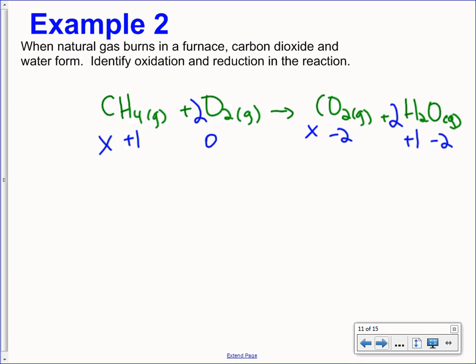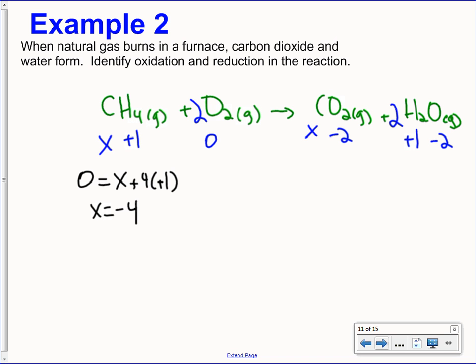So what we'll need to do then is figure out the oxidation numbers for carbon. So for methane, it is a neutral molecule. So the sum of the oxidation numbers for carbon plus that of all of the hydrogens in the compound should equal 0. So for carbon, we'll get an oxidation number of -4.